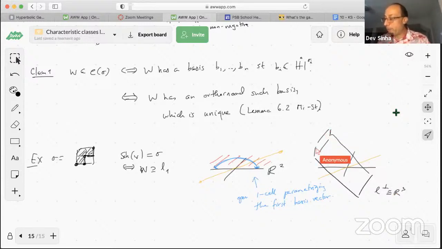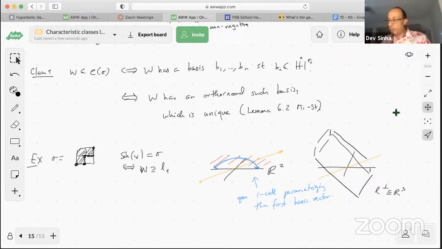Maybe I'll try to draw L perp like this. If that's my L perp, there's going to be the intersection of this with things that have the positive half space, and this is sort of infinite anyway.